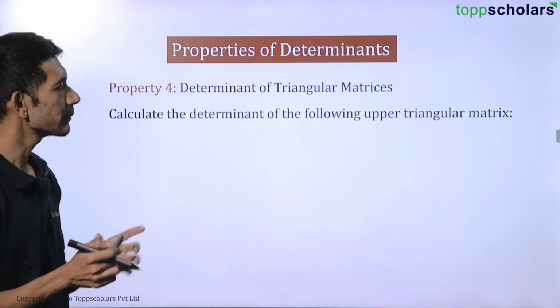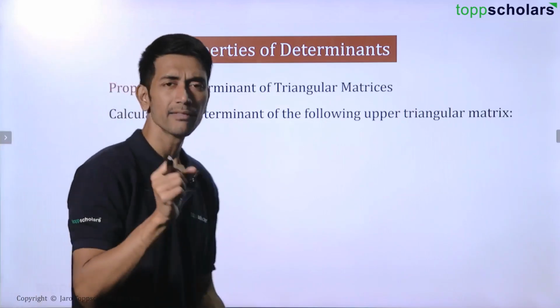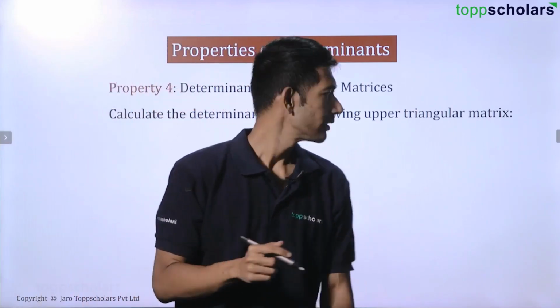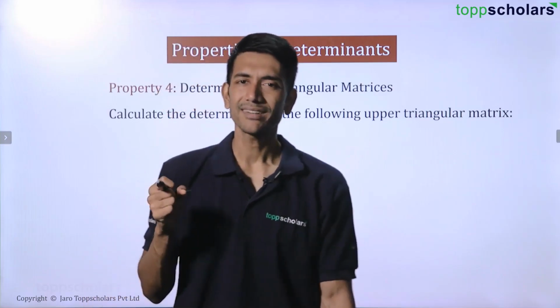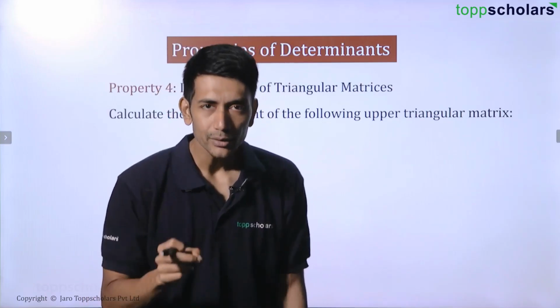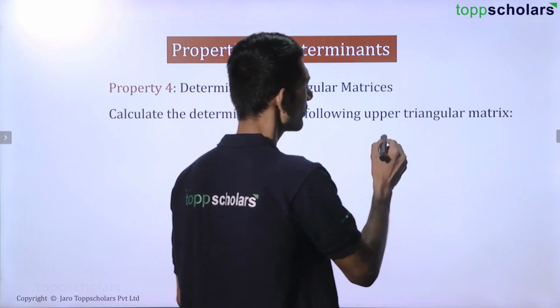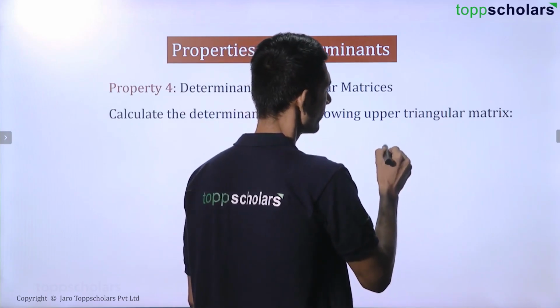So calculate the determinant of the following upper triangular matrix. Now whenever they tell you to find out the determinant of a triangular matrix, all you need to do is just multiply the diagonal elements. I'm writing it here.